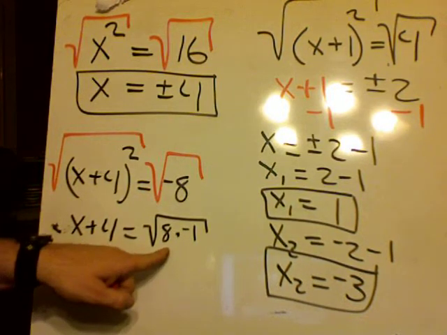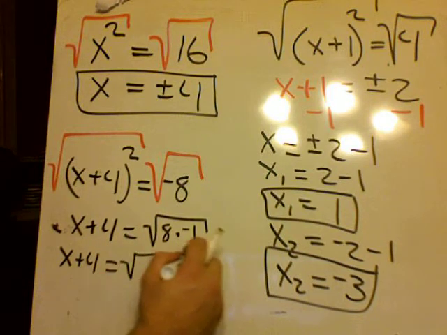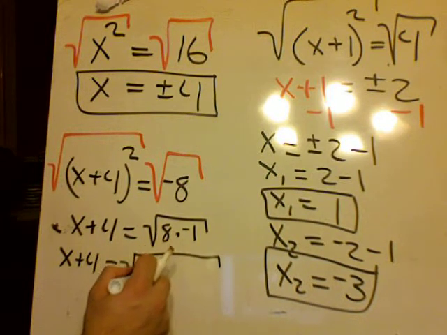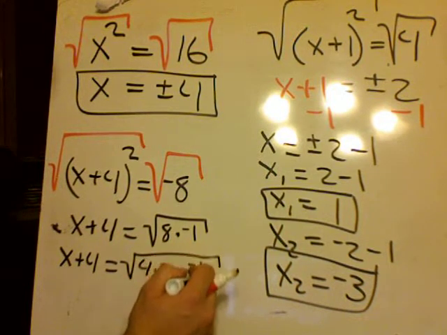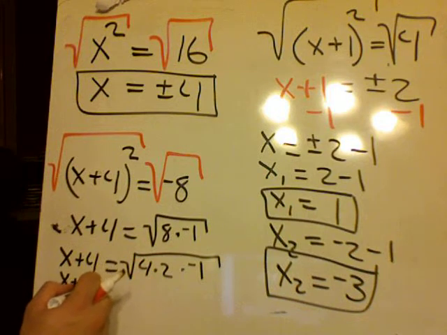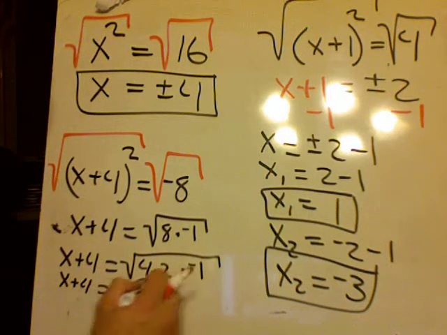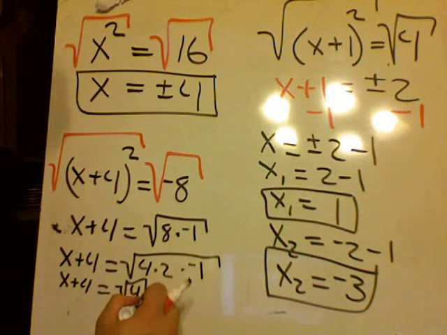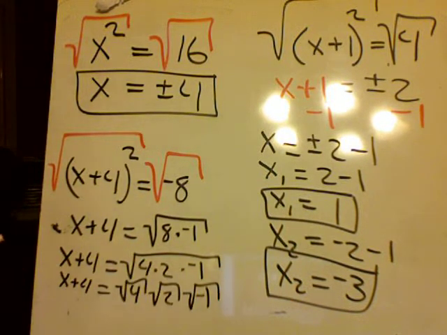I can rewrite that 8 as 4 times 2, times negative 1, which is the same as the square root of 4 times the square root of 2 times the square root of negative 1.